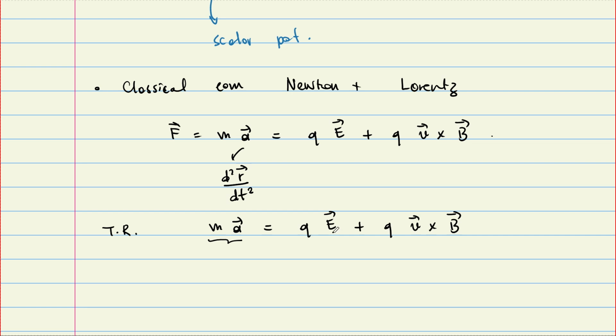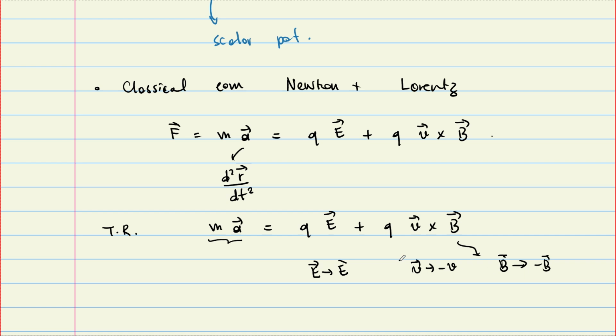Under time reversal, how does E change? For example, think about Gauss's law. Does it change under time reversal? So E goes to E, so this doesn't change. V goes to minus V. What about B? B goes to minus B, right? Then under time reversal, there are two minuses.